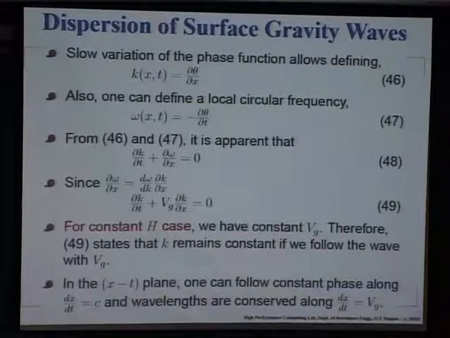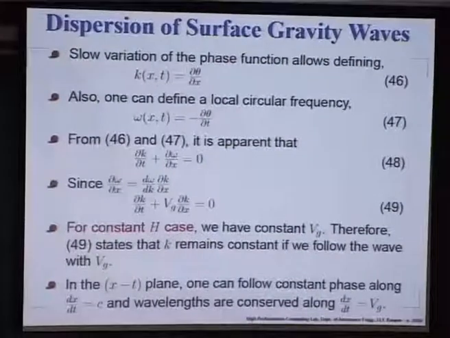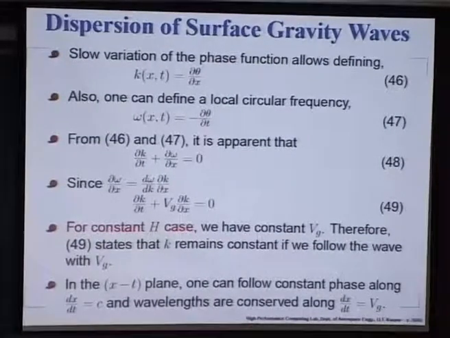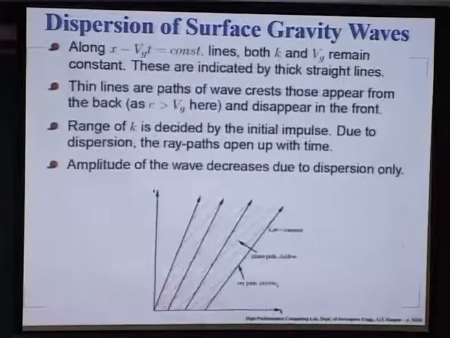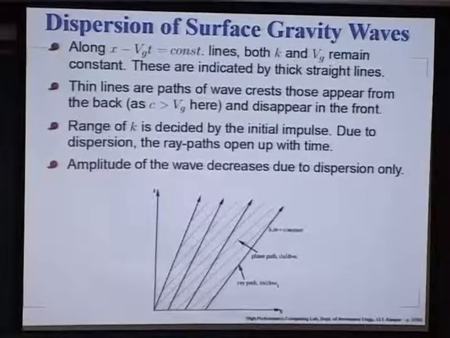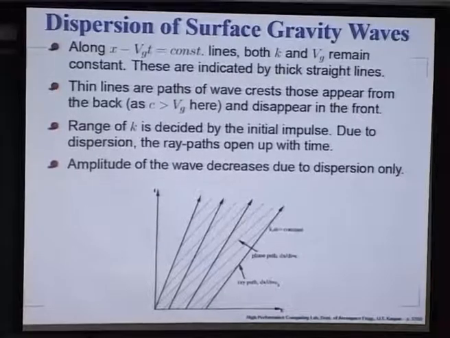Those rays tell me along which c is constant, right. And the other ray path that we draw is given by dx dt equal to V g, the line along which k remains constant, right.